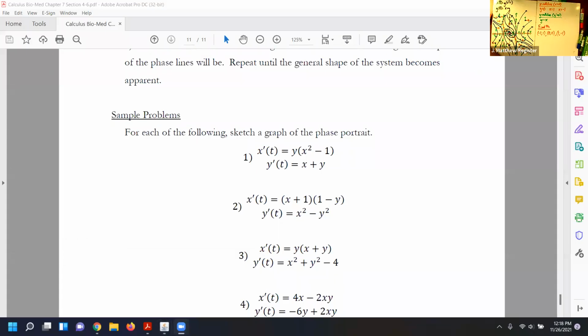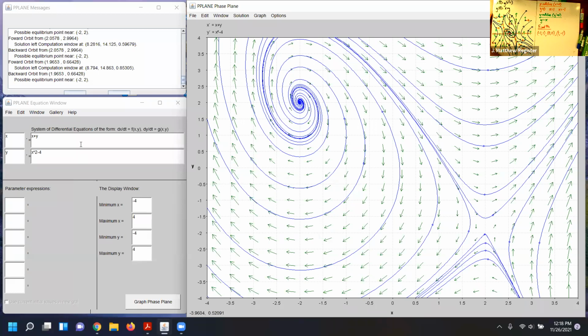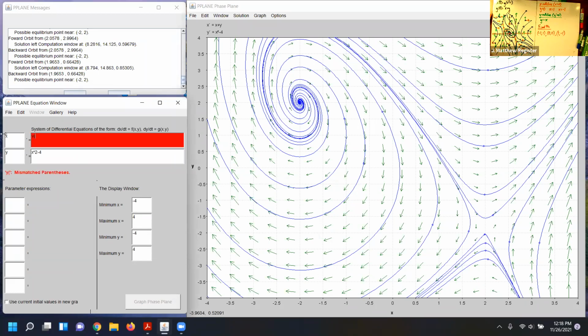So let's see, here is P-plane. This equation was y times x squared minus 1. And our y was x plus y. And let's make it so it goes, well, we can keep it at -4, I guess.